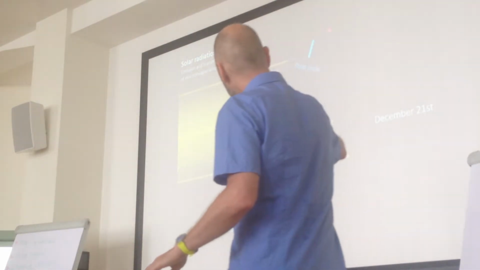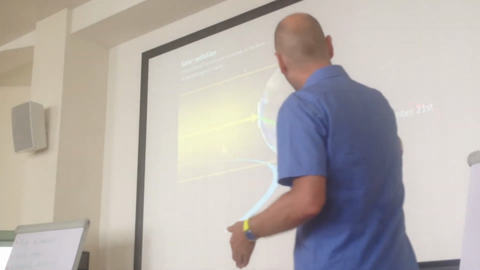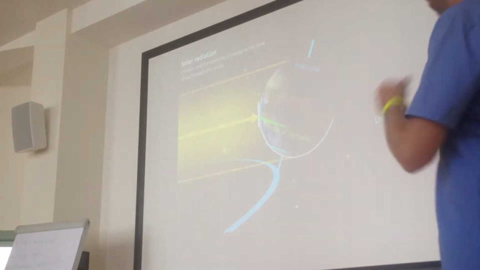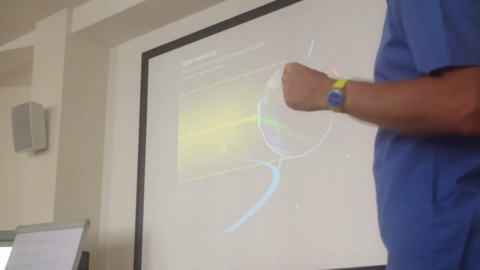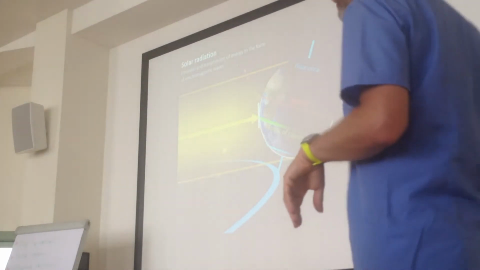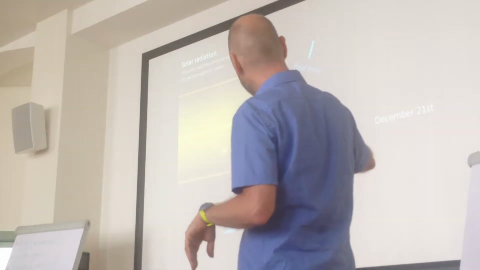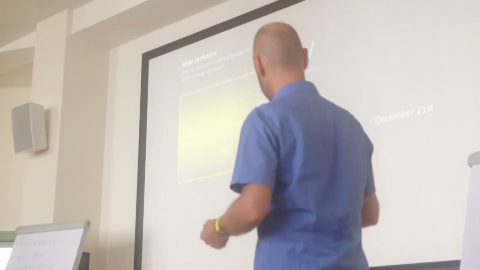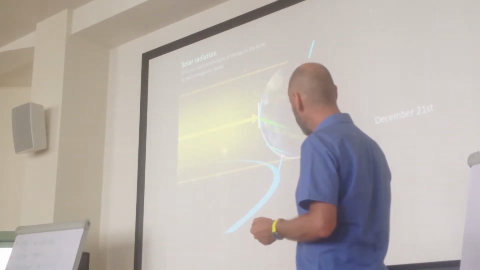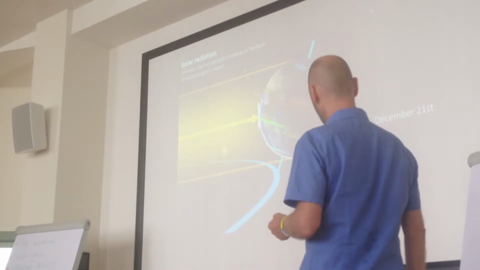Think of the position of Earth related to the Sun on the 21st of December. We see that the northern hemisphere of our Earth is averted from the Sun. On the other hand, the southern hemisphere is exposed to the Sun. We have polar day on the South Pole, we have polar night on the North Pole.